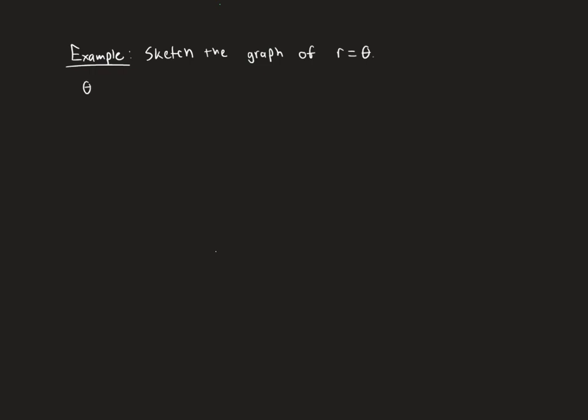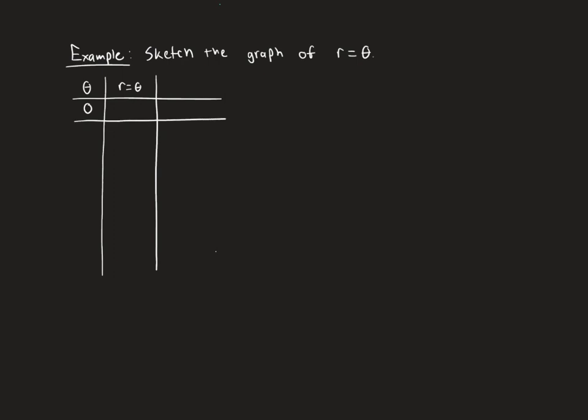So let's make a data table and see what we can come up with. Theta and r are always going to be the same. So I think the challenge here is to figure out what our angles come to as a decimal.